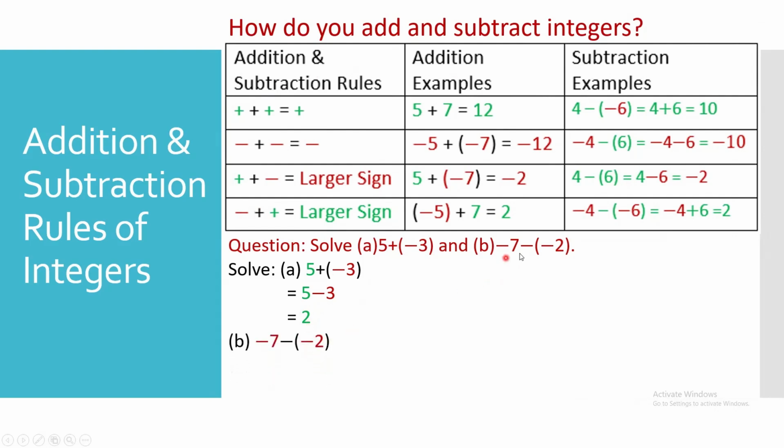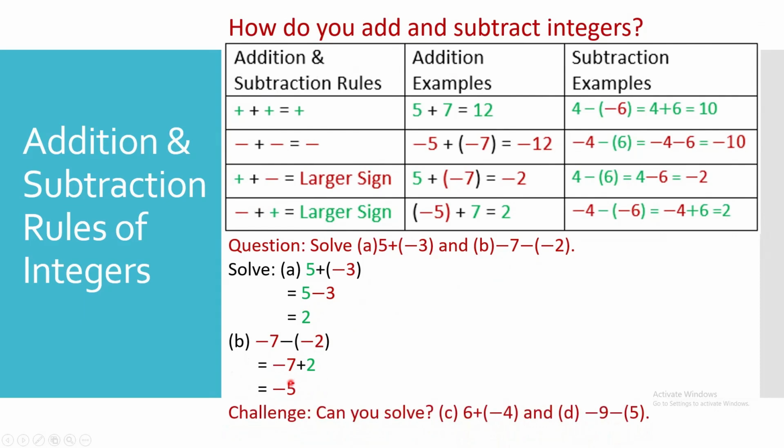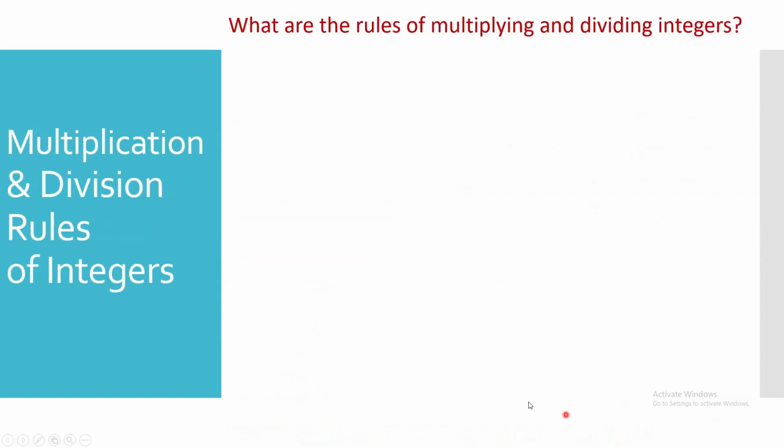Next, problem number 2: minus 7 minus (minus 2). The two minuses become plus. So minus 7 plus 2 is minus 5, because the greater sign carries. One challenge for you: can you solve it? You should try it yourself in your exercise copy and check it later.